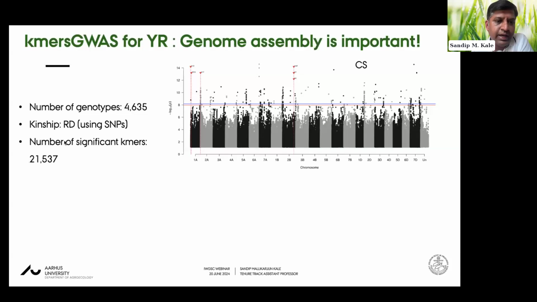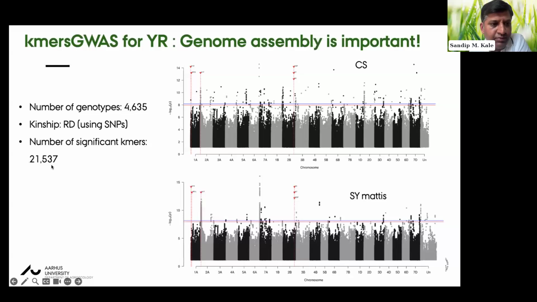4,635 accessions, and after performing GWAS, 21,000 significant k-mers were identified. When we mapped these k-mers against the Chinese Spring reference assembly, we found the already known region on 2A, which is Yr17. But there was no other positive hit.